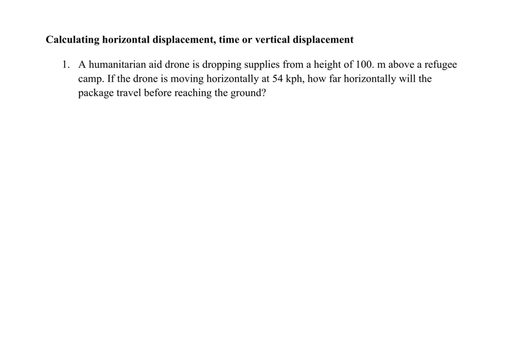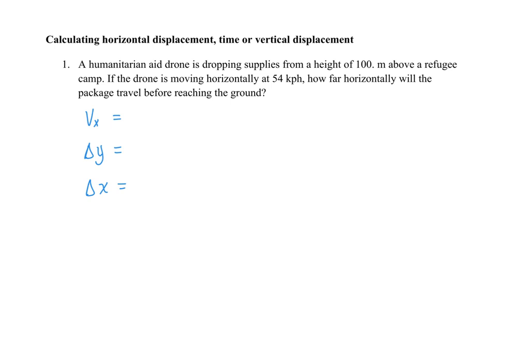Remember, we have an initial velocity on these that is only my horizontal. We're about to add in vertical velocity in our next section, which is why I wanted to make sure y'all knew this. We have a change in my y, which is my altitude, and we have my change in my x, which is my horizontal displacement. Those are the things you're going to see in these problems.